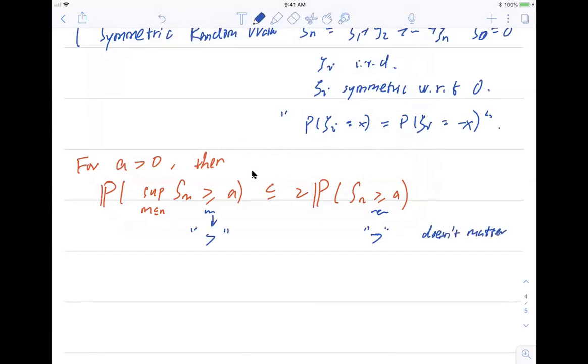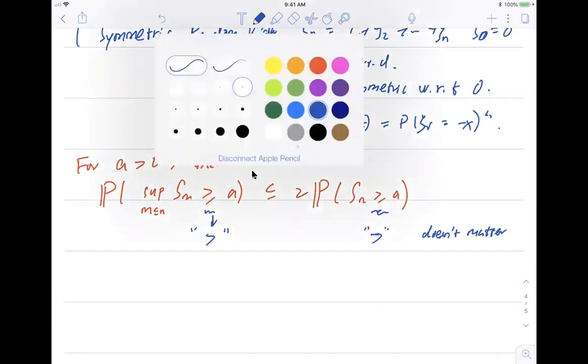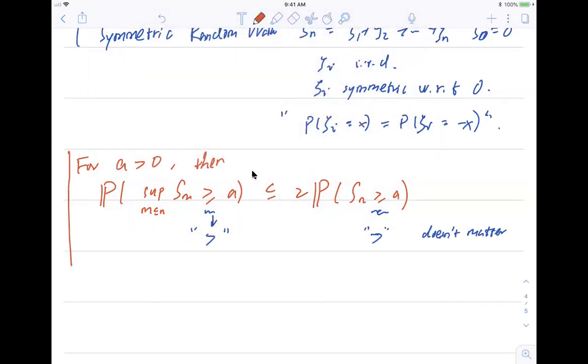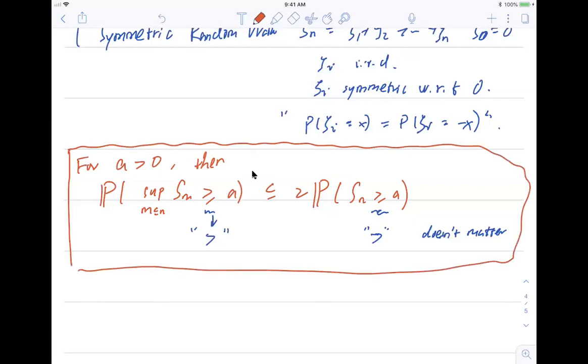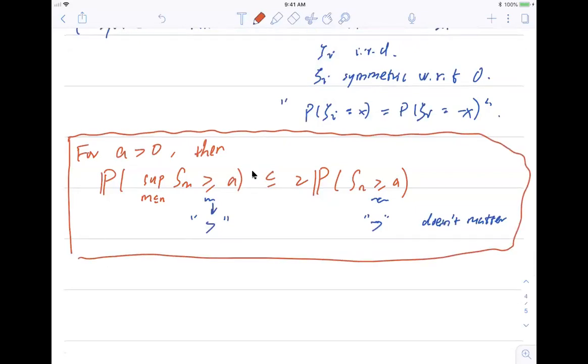So the main statement of the reflection principle here is that the probability that the maximal value is bigger than a can be controlled just by the endpoint. If you know the probability of the endpoint, you can compute a bound for the probability of the maximal value.